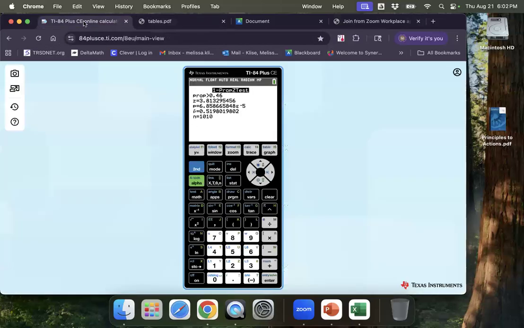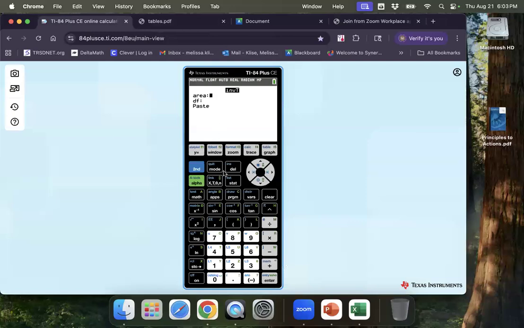If I was using my calculator, I'm going to do second vars. We're going to use inverse t. Remember this from last week? Maybe not, it's okay. Not every calculator has the inverse t function, so if you don't have inverse t, just estimate with the table.